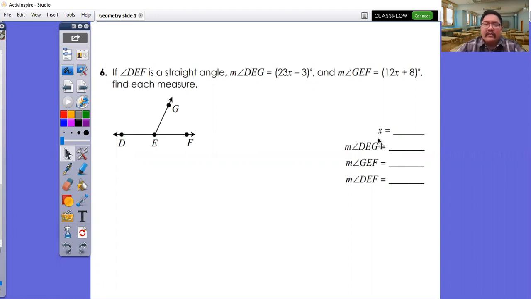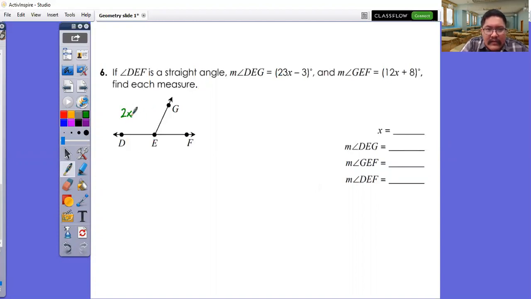So it looks like we're going to have to do a little bit more work because we're not given any numbers, right? One of them said it was 43 degrees and the other one said it was like 23 degrees or something like that. Now we're going to have to start all the way from the beginning. So we could label this, if it helps, DEG, so that's this one right here.